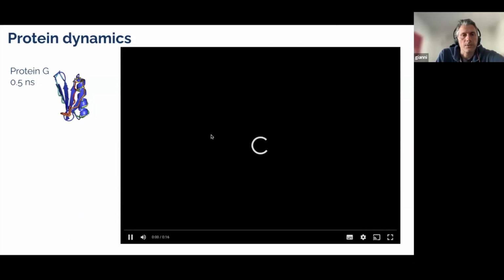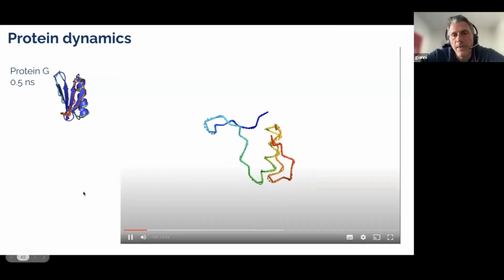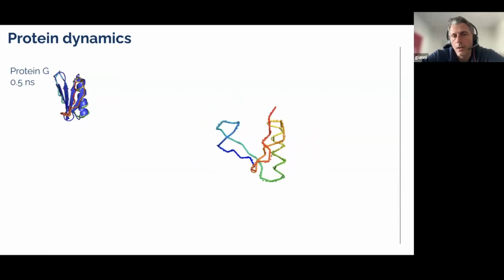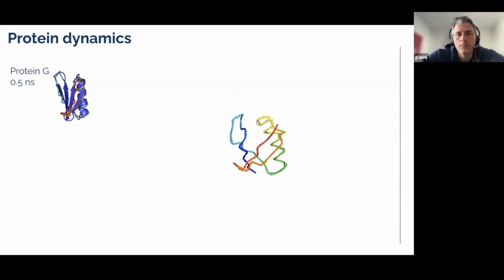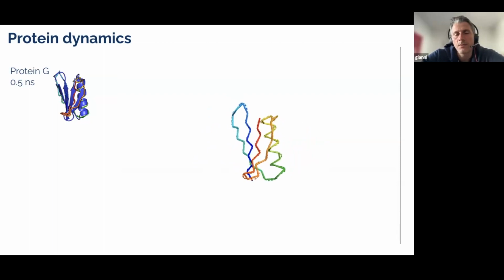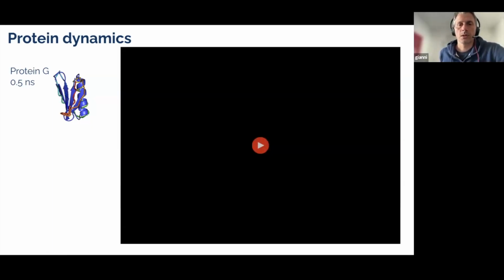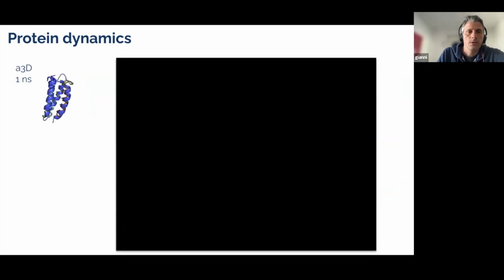And this is just one example of one dynamics on this carbon alpha, and now it looks realistic. If you've seen all-atom simulations of folding, these usually work realistically well.